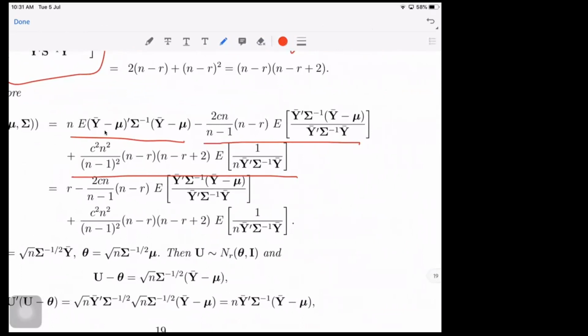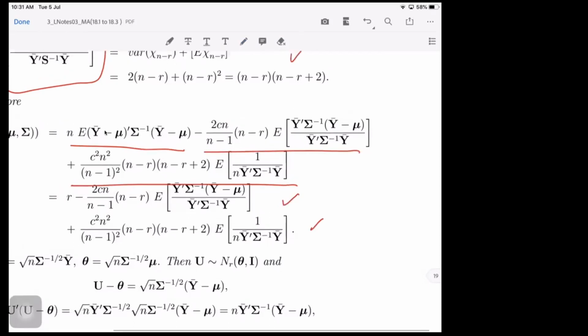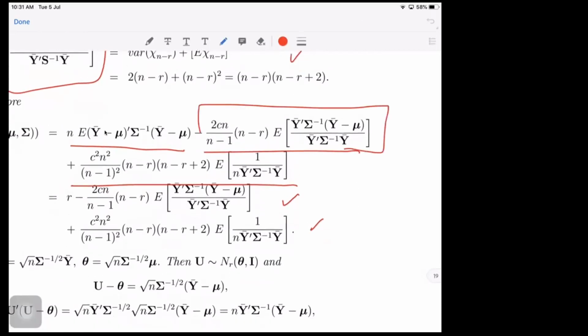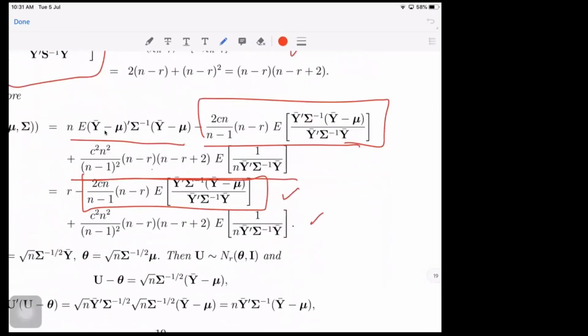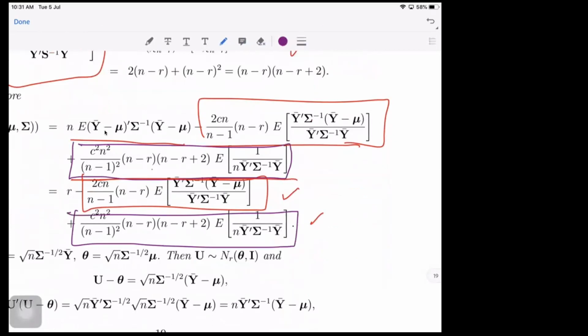Combine like terms, simplify. This will boil down to this equation. So this part here is simplified in this manner. And this part here is simplified in this manner. Okay?